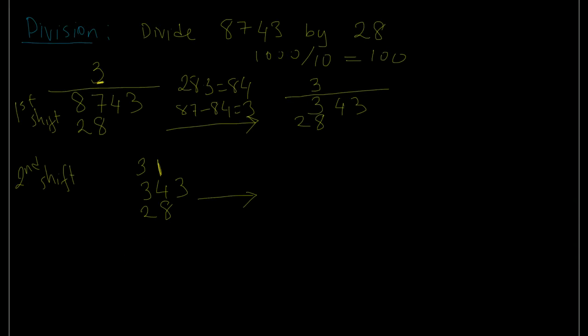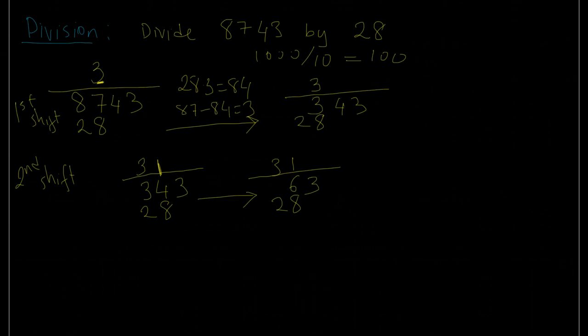Okay. So we simply subtract 28 from 34, and the result is 6. So this 34 is simply replaced by 6. That, and we have 3 and 1 on the top.